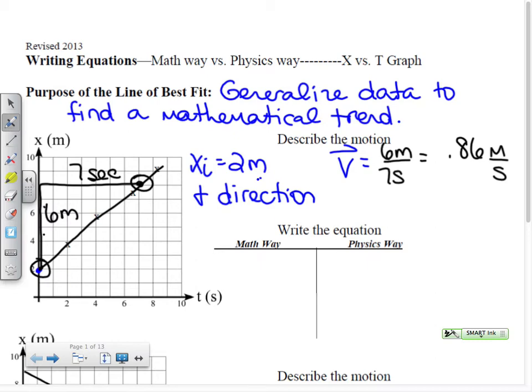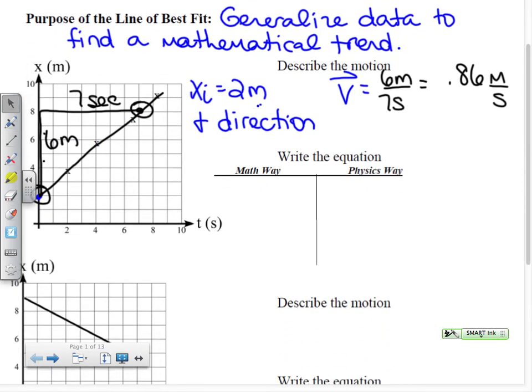Now, if you think about what you have in math class, when you write a linear relationship, you always start with the nice generic equation y equals mx plus b. If we recap what these variables are, the y stands for what's along the y-axis, the m stands for the slope, the x stands for what's on the x-axis, and the b stands for the y-intercept.